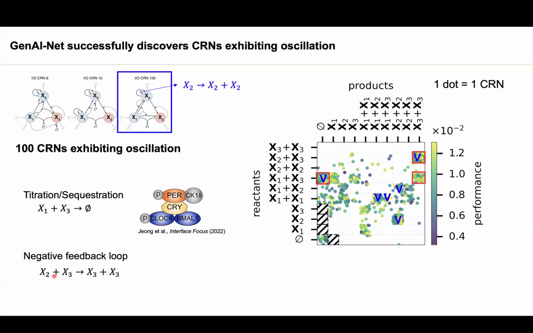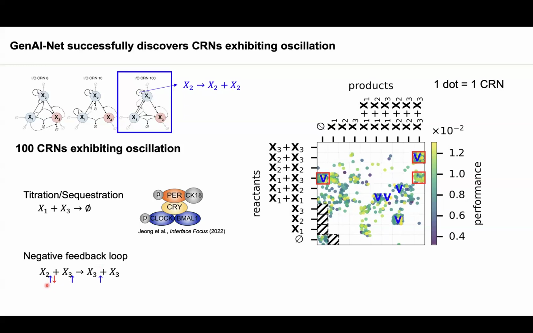If we carefully look at these reactions, they can be seen as some kind of negative feedback loop, because if x2 increases, then x3 increases. Then the reaction of this x3 increases, which means that x2 disappears more quickly, so it decreases x2.